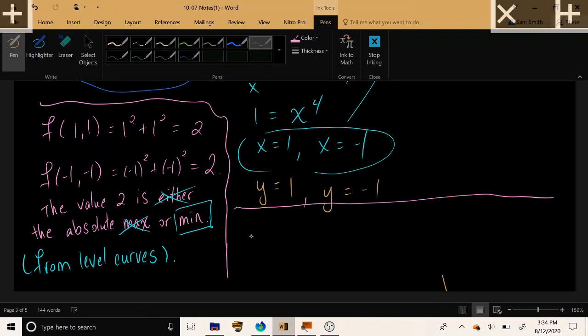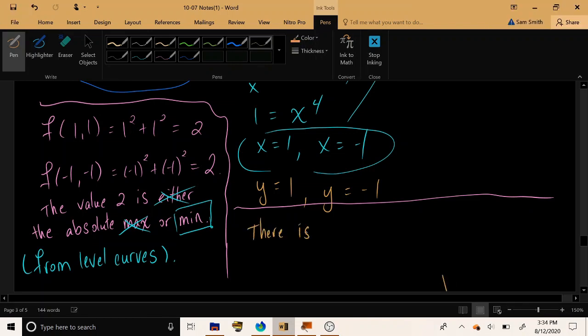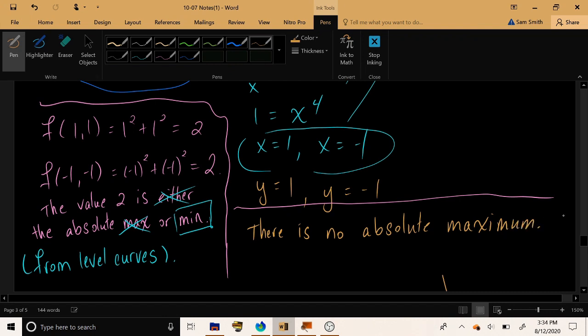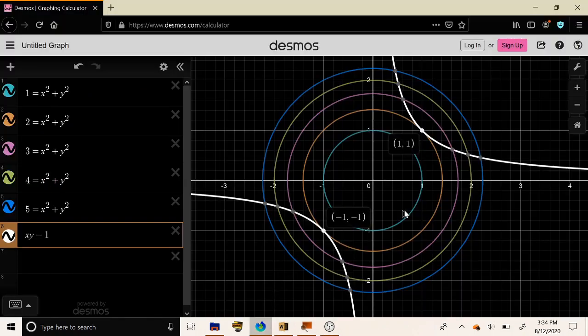Because of that, there is no absolute maximum. There is no absolute maximum of this function subject to this constraint. And we can see that as well from these level curves.